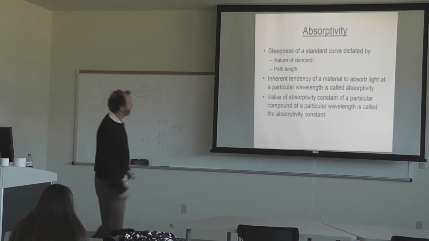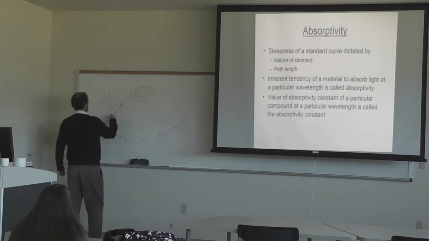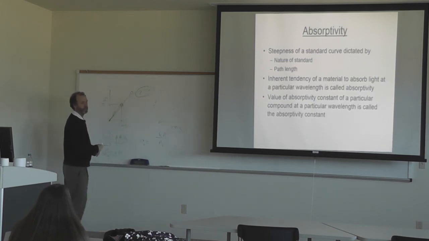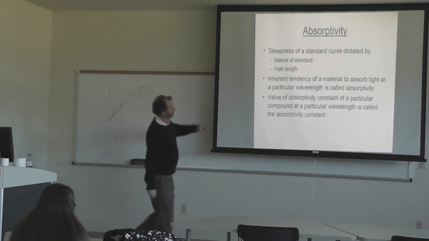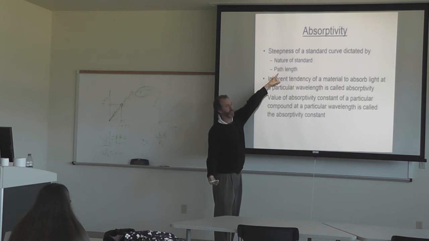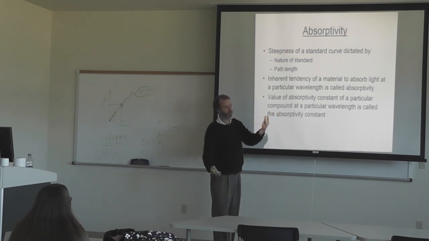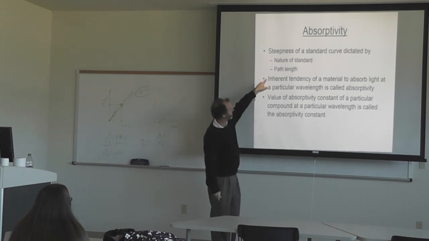So the absorptivity basically is going to govern the steepness of this standard curve, right? And it's dictated by the nature of the standard, how that absorbs light, and the path length. Remember, the longer the path length, the more opportunities those photons have of striking the analyte of interest, the standard.